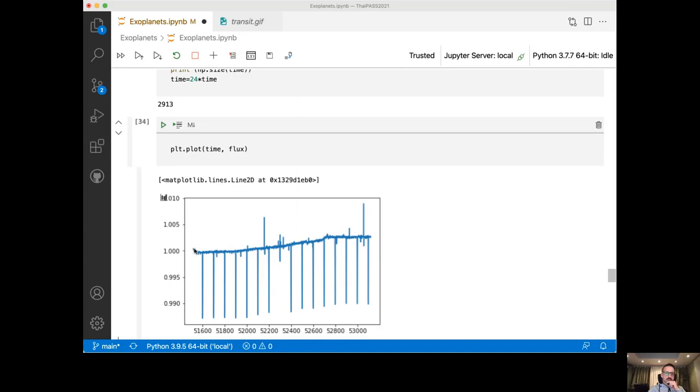So it starts at 1 here, but then it goes down a little bit and then starts going up again. So when you calculate the depth of the transit, let's say if this is 0.99, that's not the real depth, that's just what you see here. You need to take into account that the brightness of the star is not 1 here. So you need to find the luminosity of the star before and after the transit, and then find the depth of the transit.